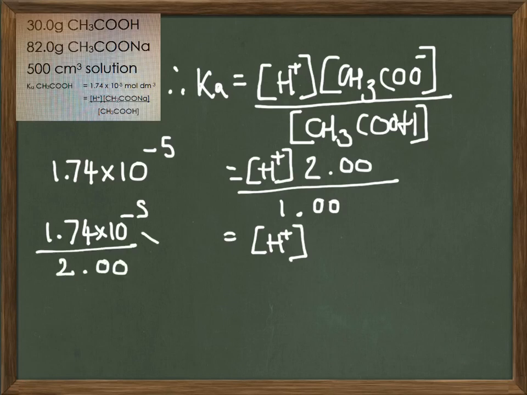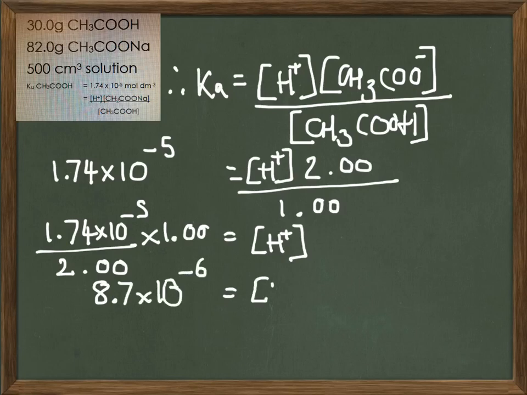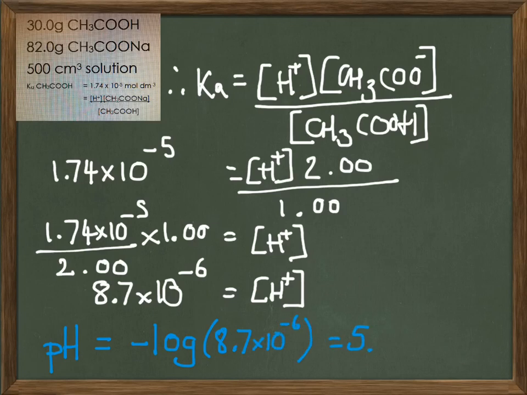But we do know the concentration of our ethanoate ion and also the concentration of our weak acid at equilibrium. Sub them all in, rearrange the equation to make the concentration of H+ the subject, plug it into your calculator, and you should get an H+ concentration of 8.7 times 10 to the minus 6, that's 8.70. Don't round up too much as you go through the actual calculation.